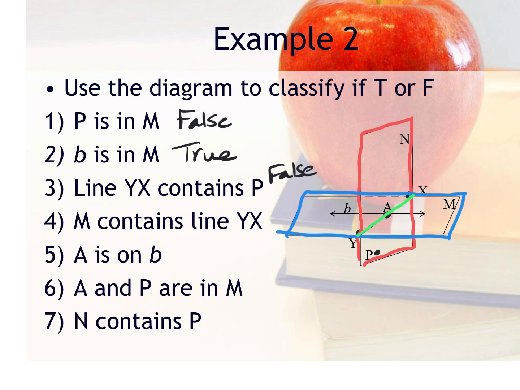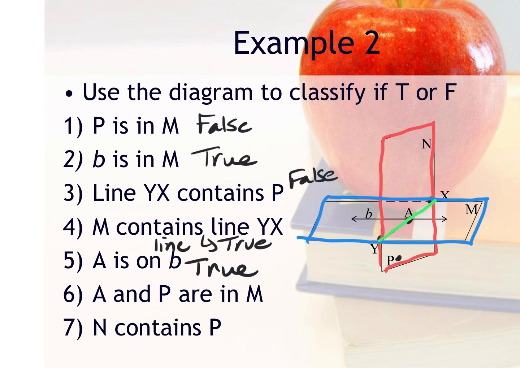All right, what about A is on line B? Oh, I skipped one. M contains line YX. True. Good. And now A is on line B. This should have line in front. True. Same thing here.